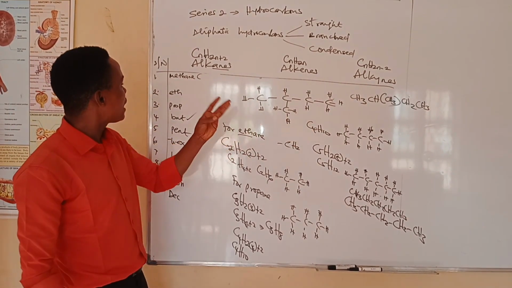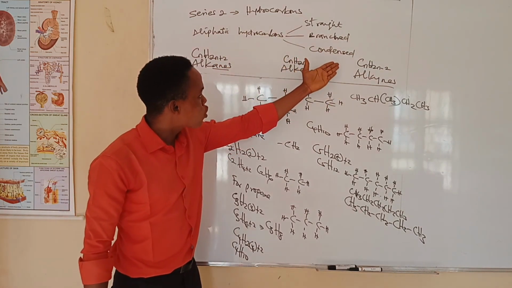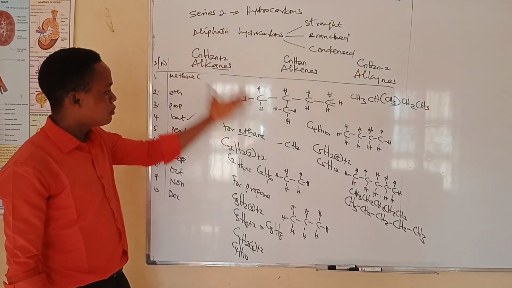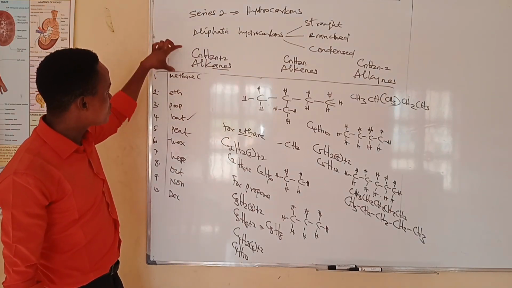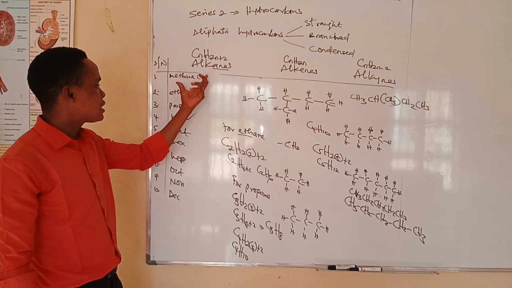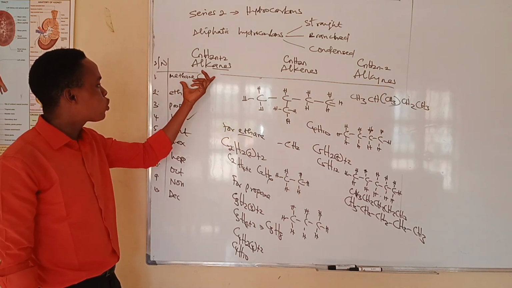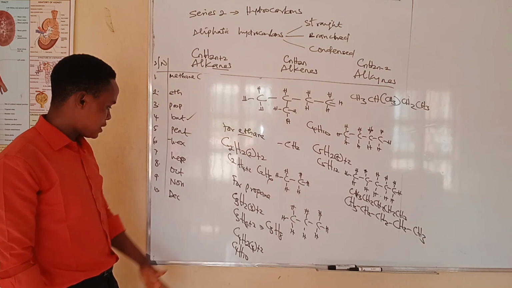Don't forget that we have explained straight chain, branch chain, condensed structure of hydrocarbons using the alkane series. We have been able to find the structure and the molecular formula for methane, propane, butane, and then pentane.